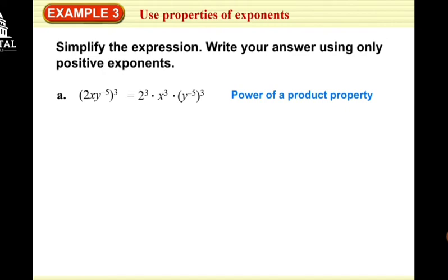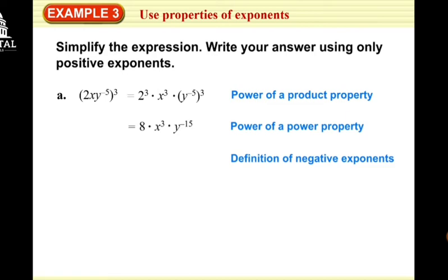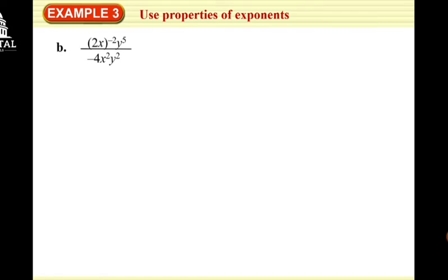It will be 2 to the power of 3 times x to the power of 3 times y to the power of minus 5, to the power of 3. From the definition of negative exponent, the simplest form equals 8x to the power of 3 over y to the power of 15.